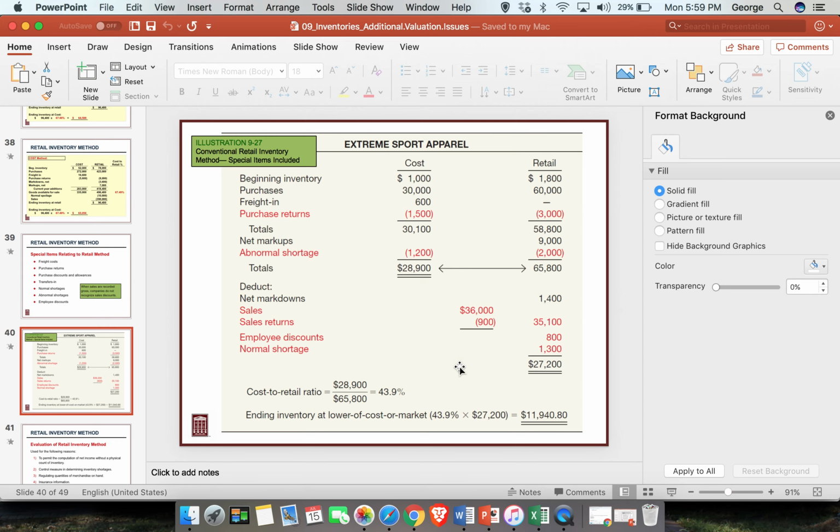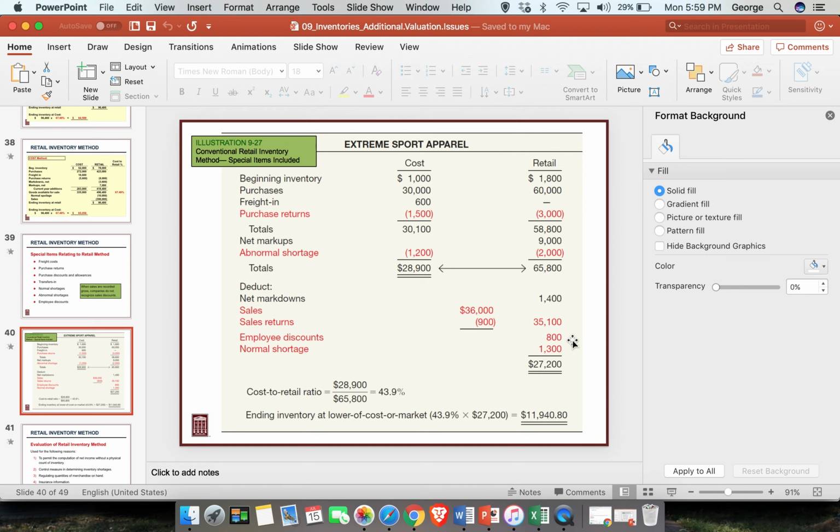The sales are somewhere around 38,000. Let me figure this out in my head: $39,100, I believe. 39,100 would be your sales with adjustments.